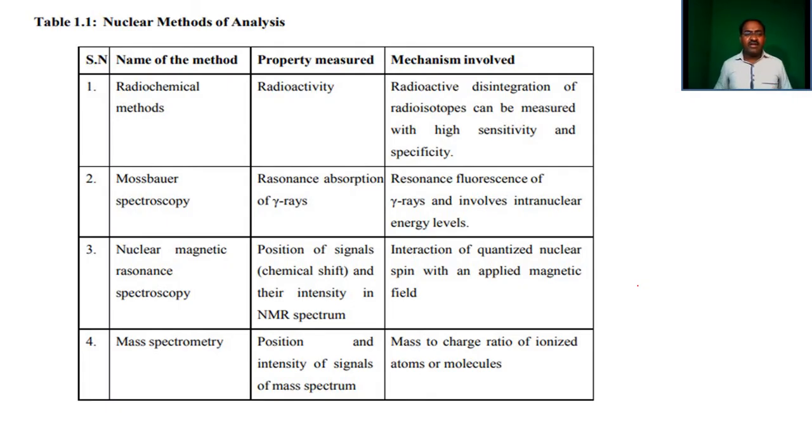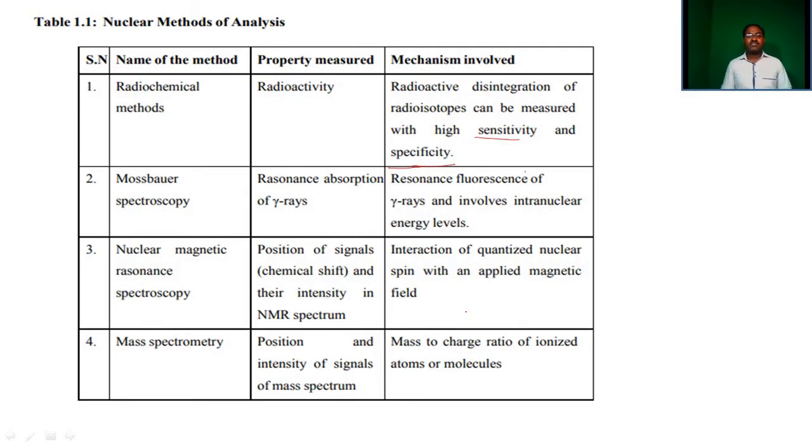Let us look at the table. Here we mention the name of the methods, what property is measured, and what mechanism is involved. In radioanalytical methods, radioactivity is the property. Radioactive disintegrations of radioisotopes can be measured with high sensitivity and specificity.